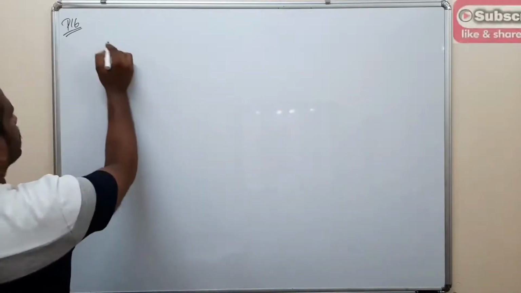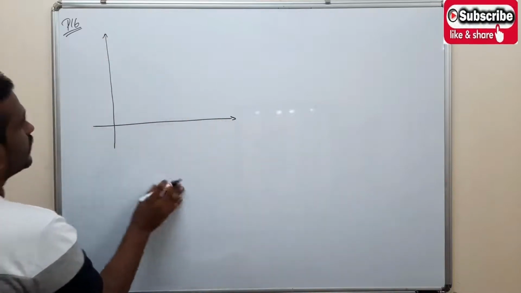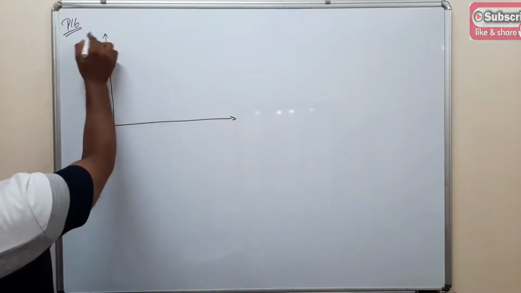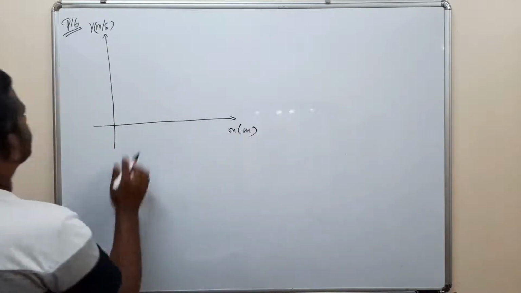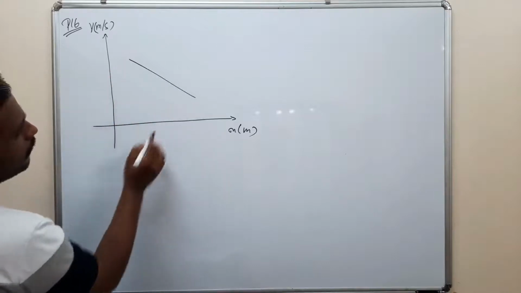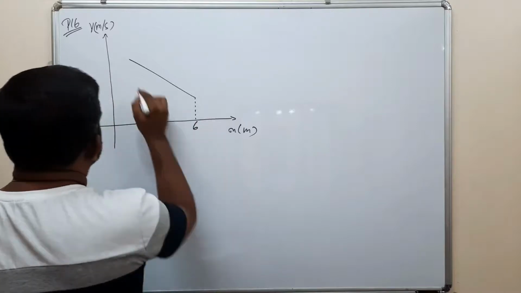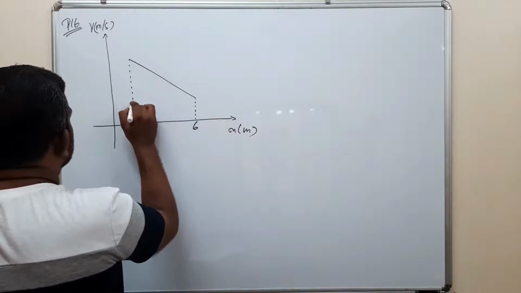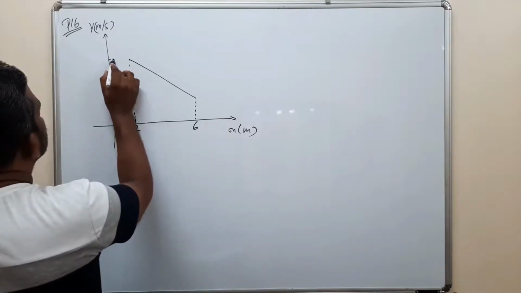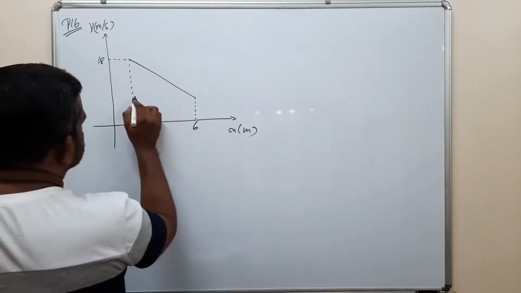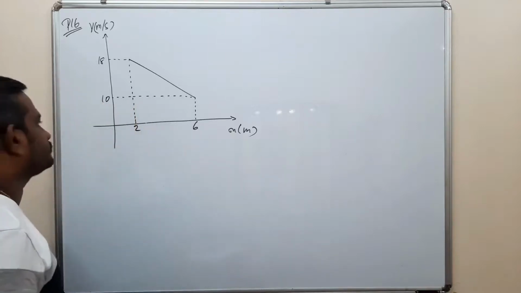Velocity in meter per second, displacement in meter. The graph shows velocity 18 at displacement 2, and velocity 10 at displacement 6.